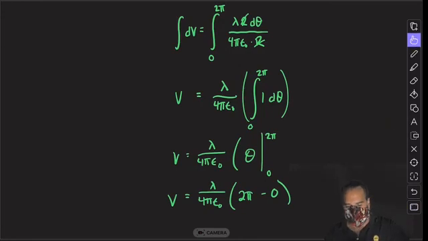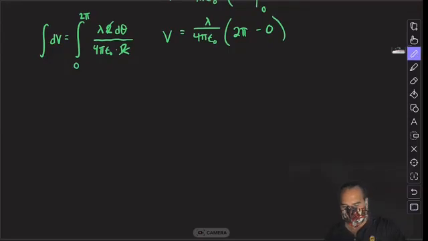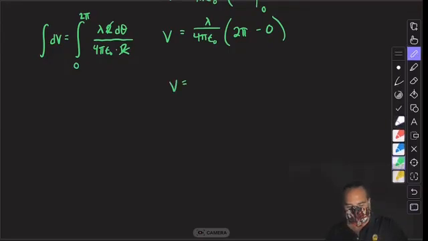Not particularly exciting, I know. Because when we're done, all we're going to get is lambda times 2 pi over 4 pi epsilon naught. Cancel out the 2 and cancel out the pi, and we get lambda over 2 epsilon naught.